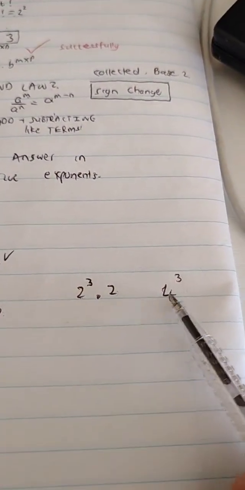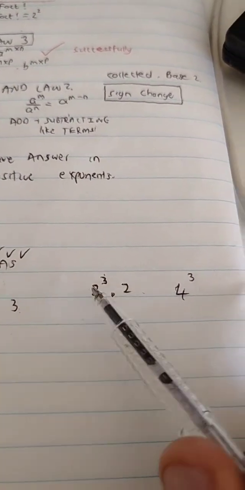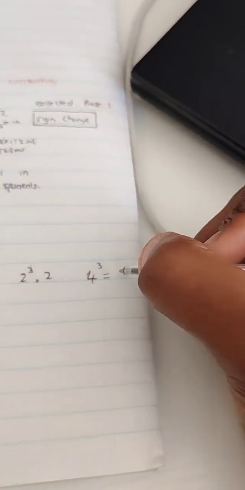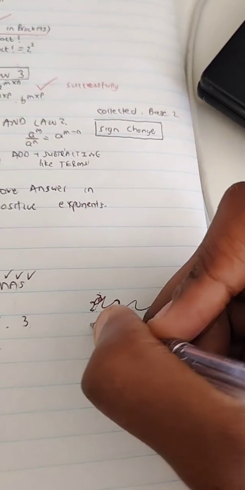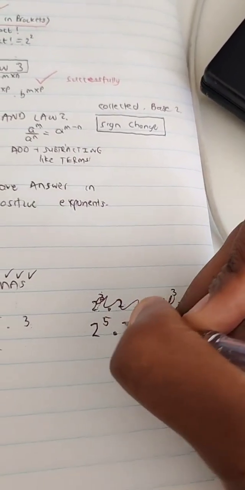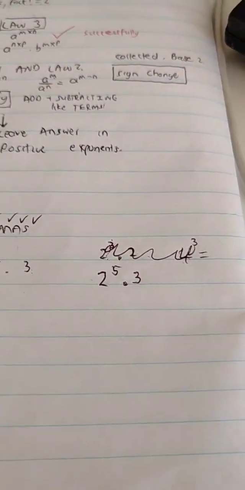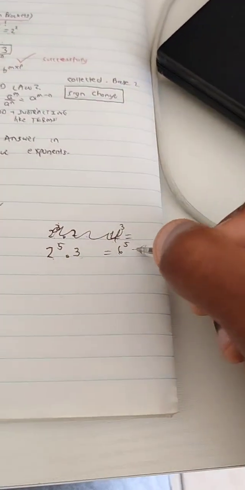Let's say 2 to the power 5 times 3. Could I say 2 times 3 and then say the answer is 6, and then say 6 to the power 5?